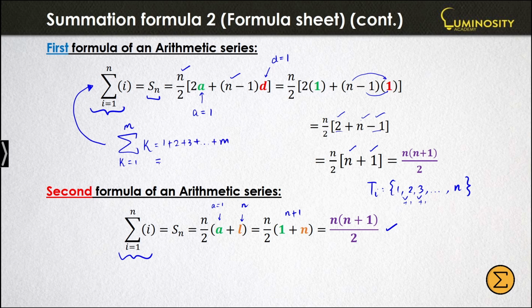Instead of n in the formula, because n just represents the upper bound, our upper bound is m, so it's m times (m plus 1) all over 2. The end result only depends on your upper bound, and you must be starting from the first term, which in this case is 1. So if you're adding up 1 plus 2 plus 3 all the way up to some upper bound, you can just replace that upper bound in the formula with whatever letter is given. In this case it was m.